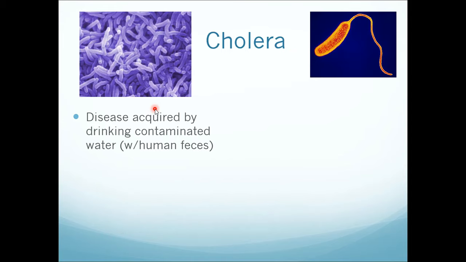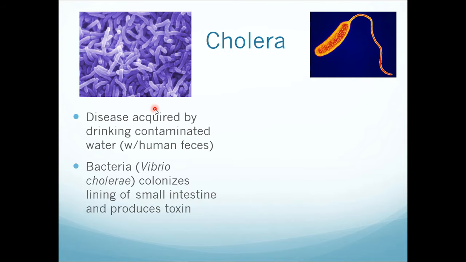Okay, so cholera is a disease that you can get by drinking contaminated water, and it's specifically typically going to be contaminated with human feces. So you're going to see this a lot in third world countries that don't quite have good water filtration systems or even good plumbing systems. Okay.